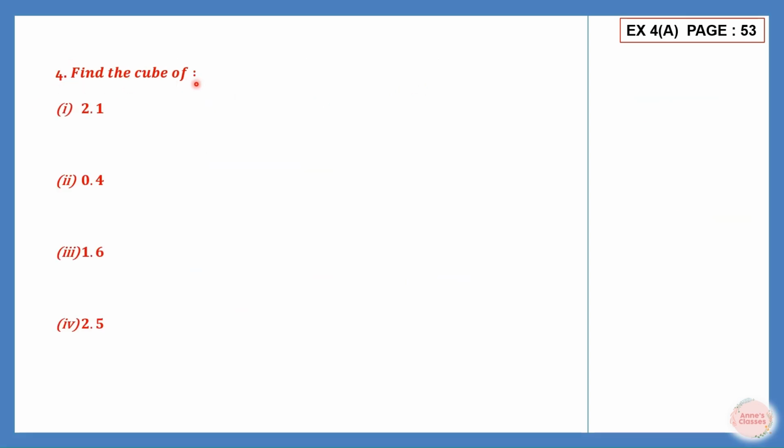Question 4. Find the cube of the first one, 2.1. That means we are going to multiply this 3 times. So the cube of 2.1 is 2.1 into 2.1 into 2.1. What we're going to do is ignore the point and multiply. So that will be 21 into 21 into 21.